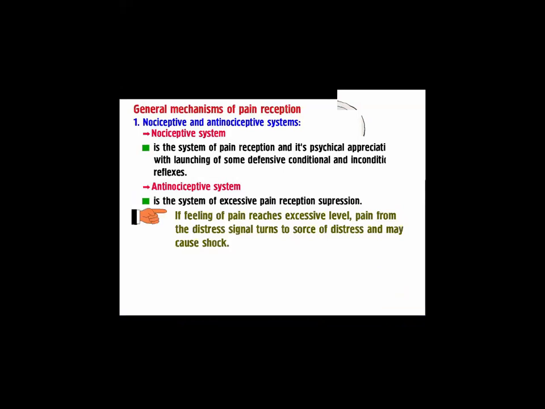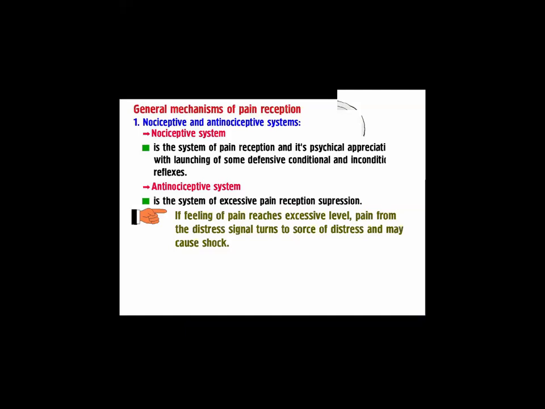General mechanisms of pain reception. We have two systems which are keeping the balance: the nociceptive system and the antinociceptive system. The nociceptive system is the system of pain reception, so it accepts the information about pain, and its physical manifestation is the launching of some defensive conditional and unconditional reflexes.